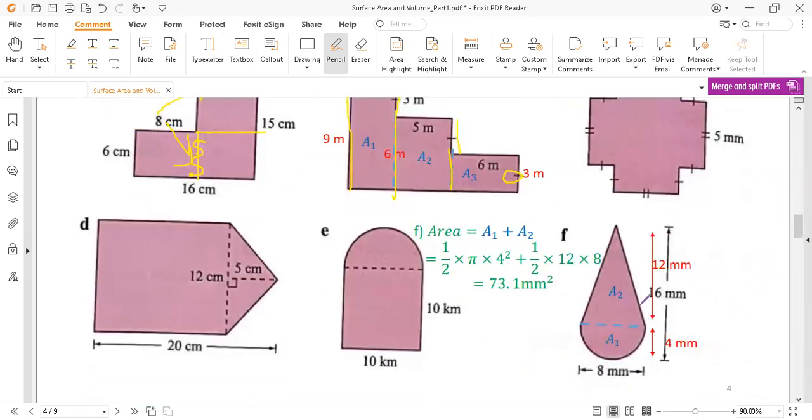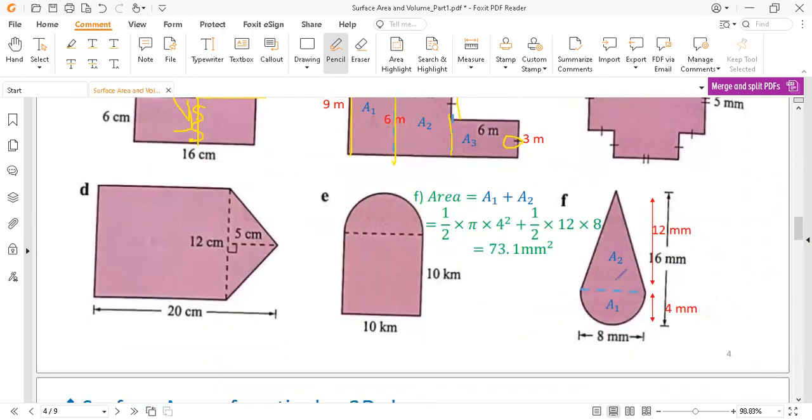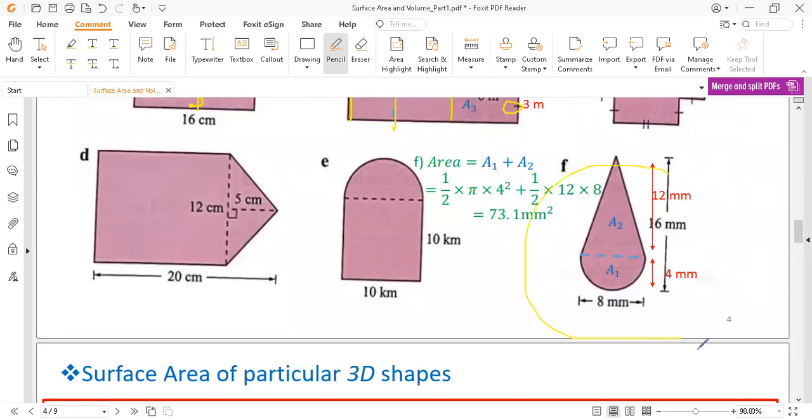And so on. And in the following one, if we use the horizontal cut here, we will obtain a triangle with a base equal to the diameter of the circle. The diameter of the circle is 8 millimeters. And when the diameter is 8 millimeters, the radius of the circle, which is equal to this part, is 4 millimeters.